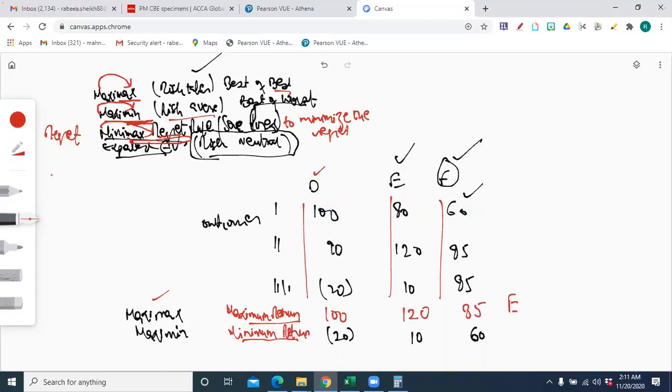Regret is calculated as return from the best decision minus return from the current decision that he actually took.